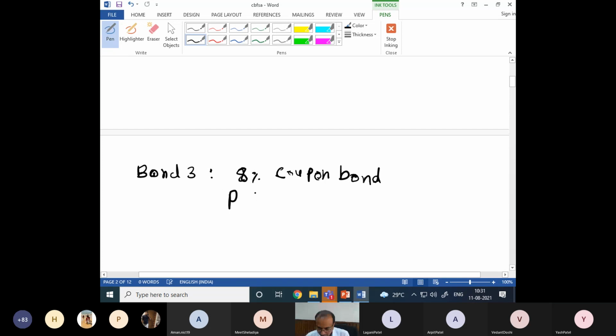And it is having present value of 105 rupees. And it is maturing on 30th June 2005, right?